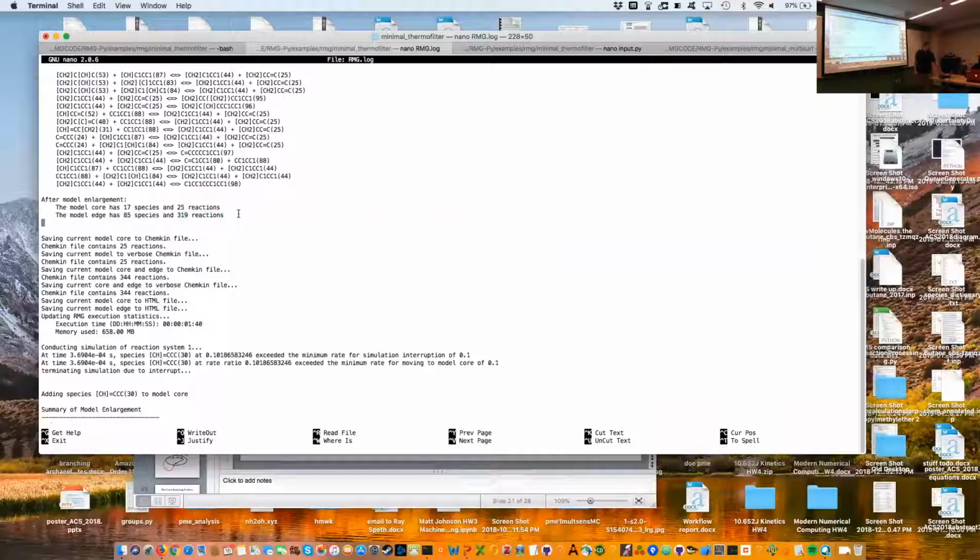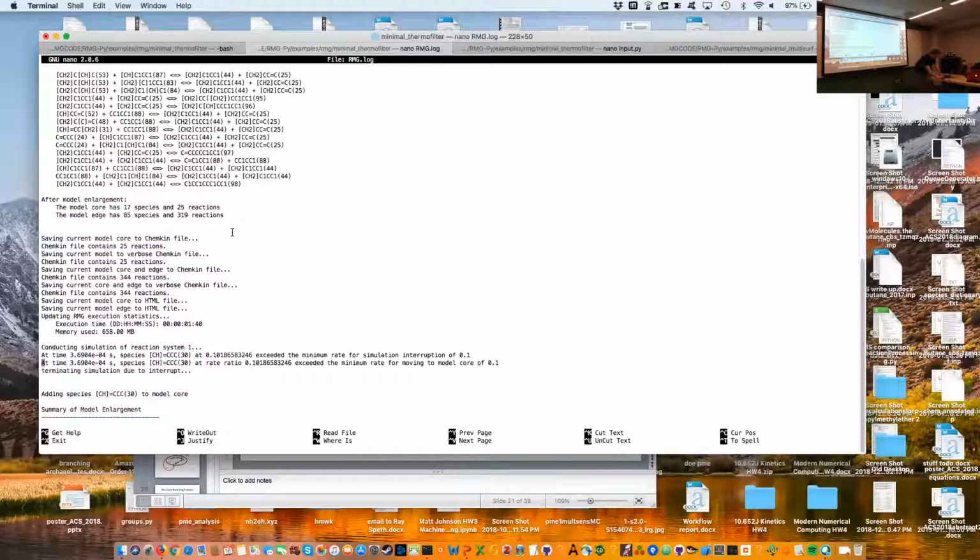This is because there's another restriction within the pruning algorithm: you can't remove a species unless it's been in the edge for 2 iterations, which is actually quite important. I've tried to adjust it on a few occasions, and you can get some pretty bad results if you do that.